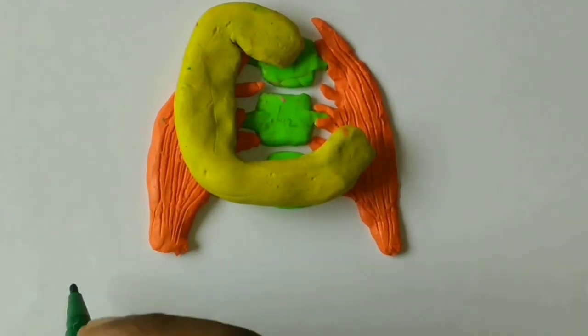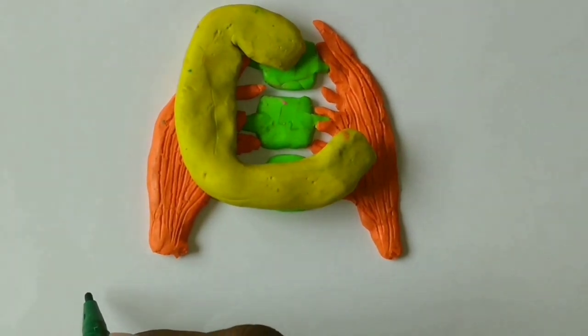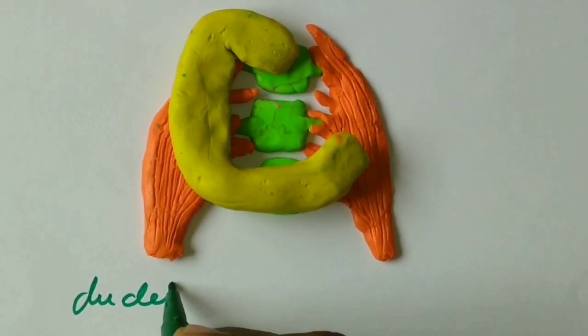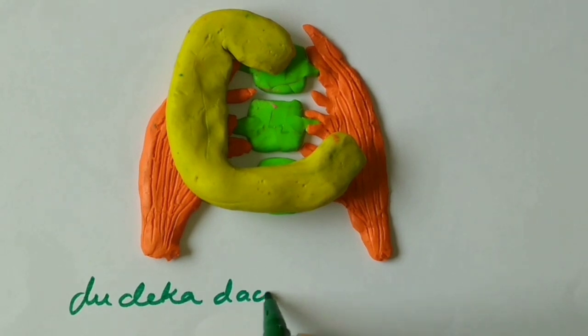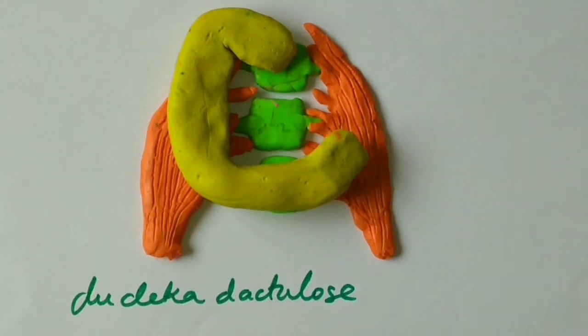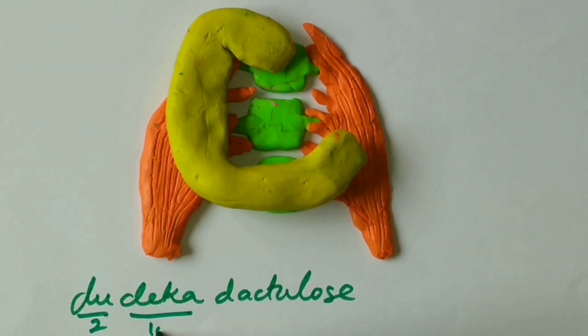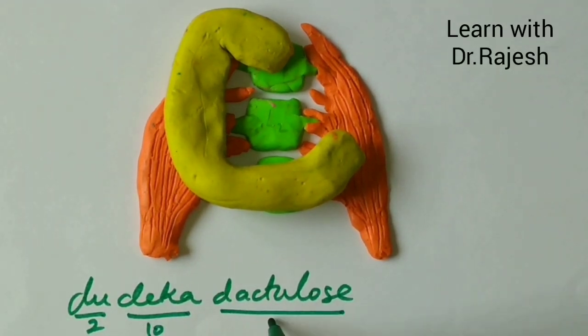The term duodenum is derived from a Greek word, duodecadactylos. Duo means 2, deca means 10, and dactylos means fingers.